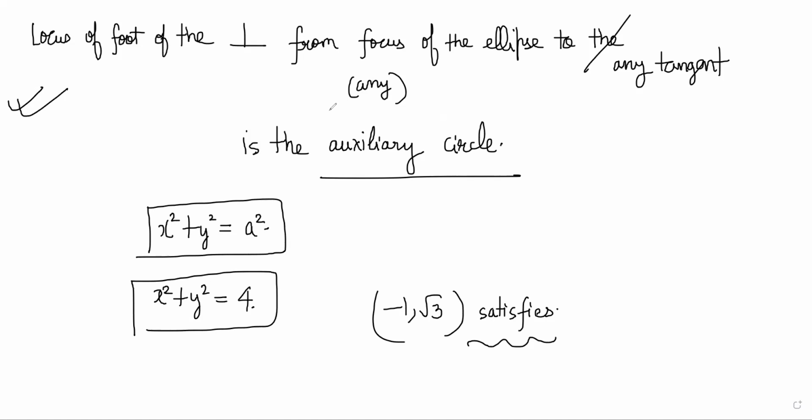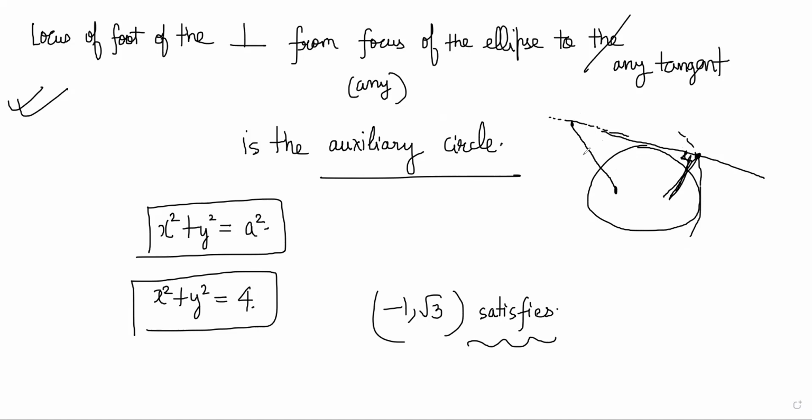So basically it means that the tangent to the ellipse cuts the auxiliary circle somewhere, and when you join that point to the focus, it will always be perpendicular. And even to any focus, like if it cuts here, it can be joined to this focus.